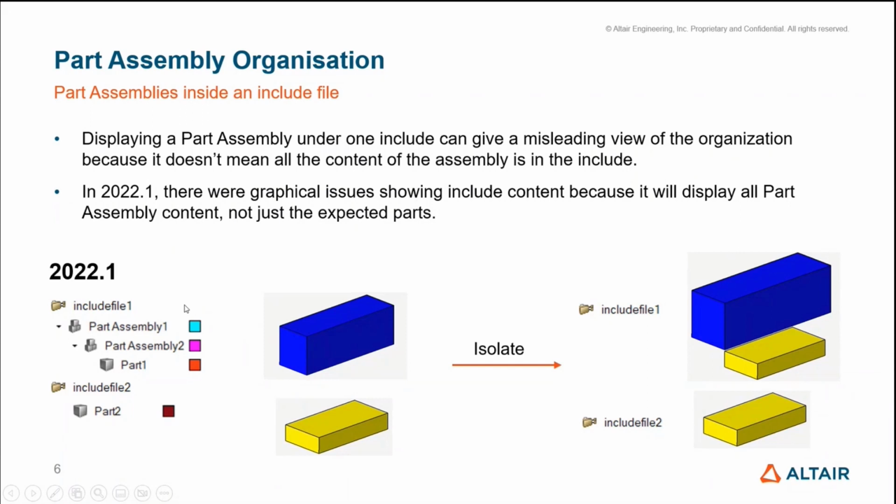So we were seeing graphical issues when you would, say, isolate an include file, that because it has the part assembly in it, it would show all of the part assembly content, even though it didn't actually own part 2, which is down here and was in a different include file. So here we get an erroneous isolate that we're showing this part because the part assembly is there, but the part itself actually lives in a different include.